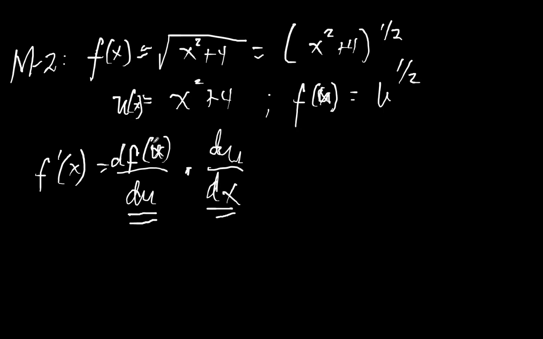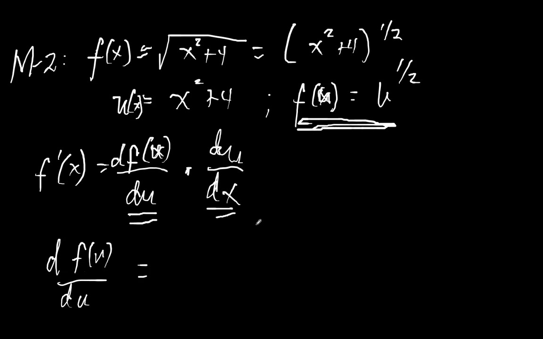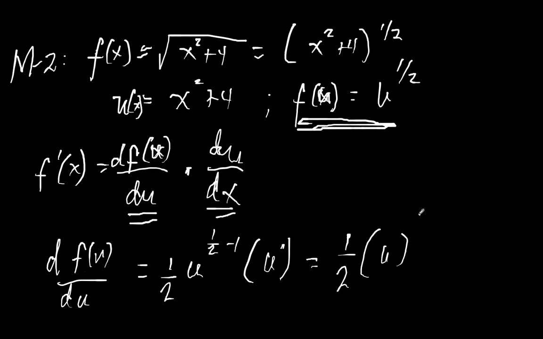So let's get the derivative of f of u. So the derivative of f of u in terms of u is equal to, we are talking about this, 1/2 u raised to 1/2 minus 1, and the derivative of u is just equal to 1.